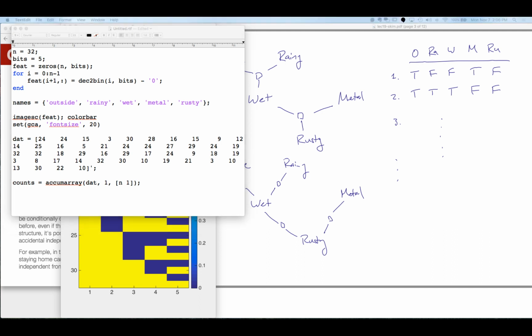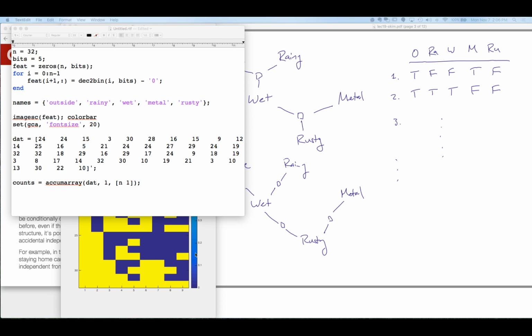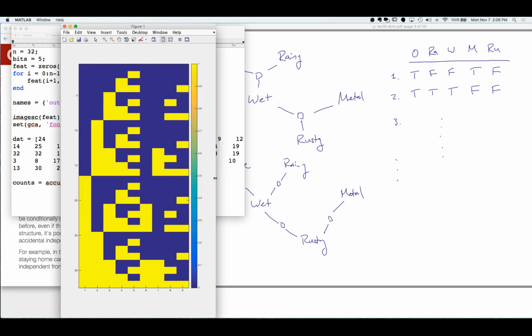And now, what I can do is build a new, I'm going to build an augmented matrix of features.